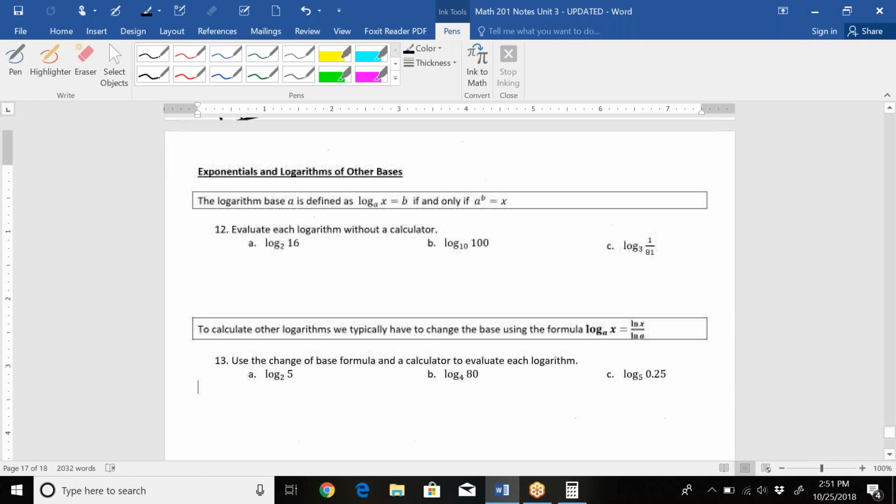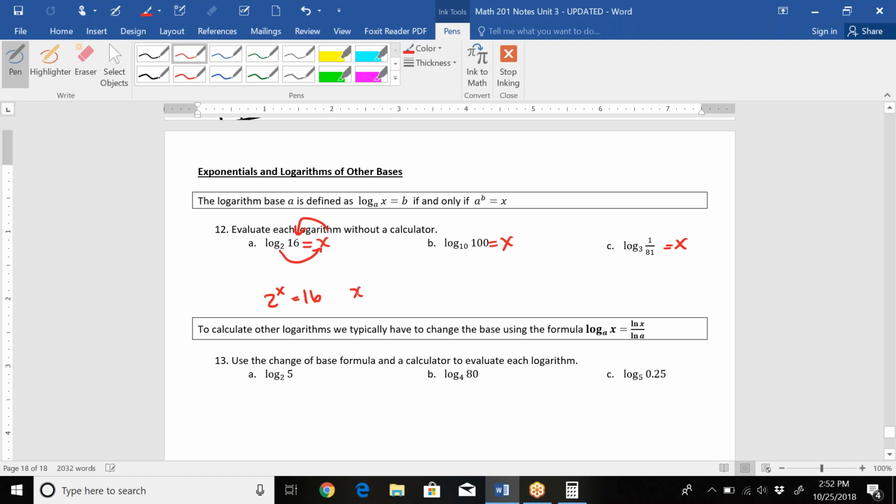Okay, so that gets us to the very last page. I skipped over some of these just because they're not that bad. This says evaluate the logarithm without a calculator. The way you do that is you imagine it was set equal to your exponent, which is your x, the thing you don't know, and you just use the spiral to solve these. So this says 2 to what power equals 16.